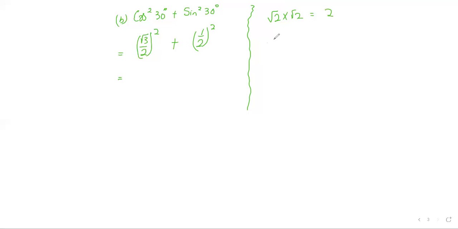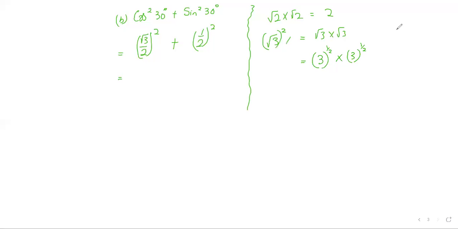And now we are faced with root 3 squared, which is equal to the root of 3 multiplied by the root of 3. If we remove the radical sign, it is 3 to the power half multiplied by 3 to the power half.